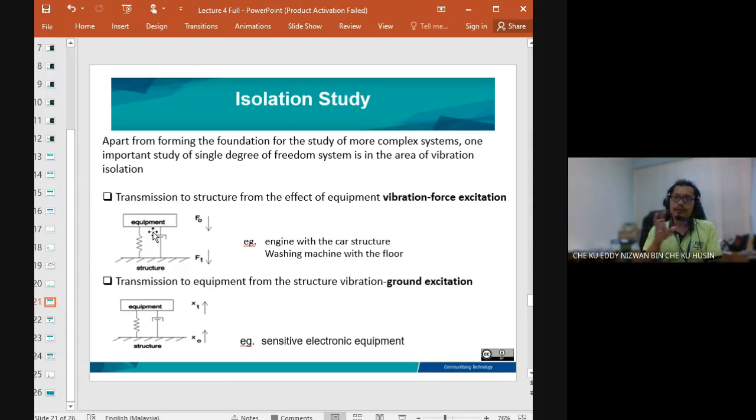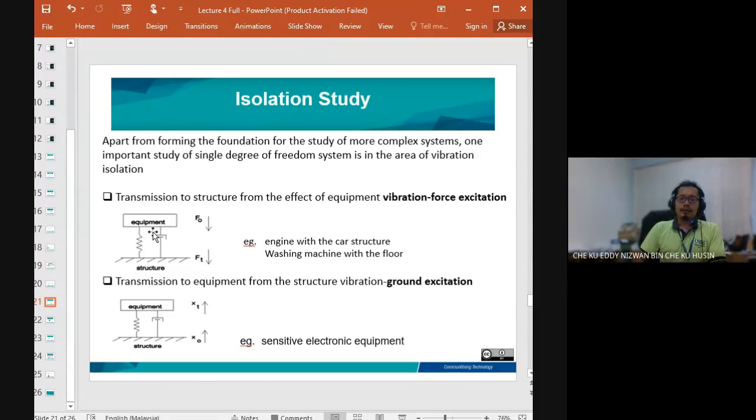When there is an unbalanced mass in rotating equipment, it will induce a rotating force. We call that an unbalanced force. It creates the vibrations, and then the force will be transmitted to the structure or any support structure where you put your washing machine.